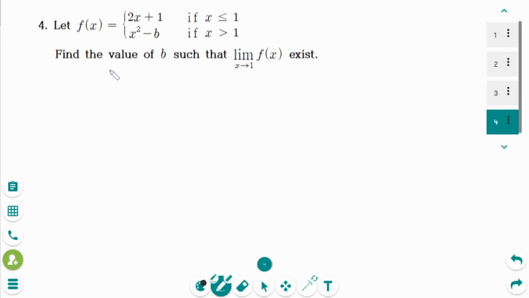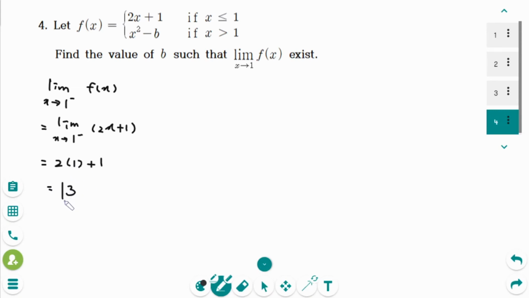This is the next question. Limit of f of x as x approaches 1 from the left equals limit of 2x plus 1 as x approaches 1 from the left. And then put 1 into x, so 2 times 1 plus 1, 2 plus 1, which is 3.